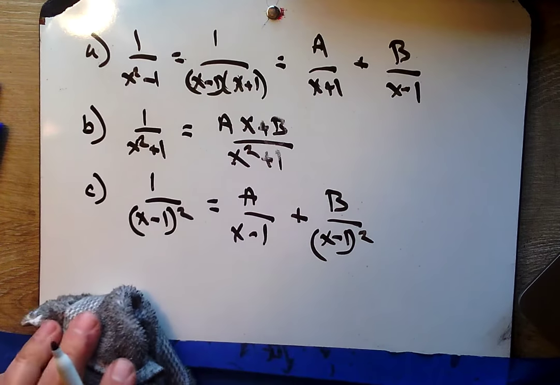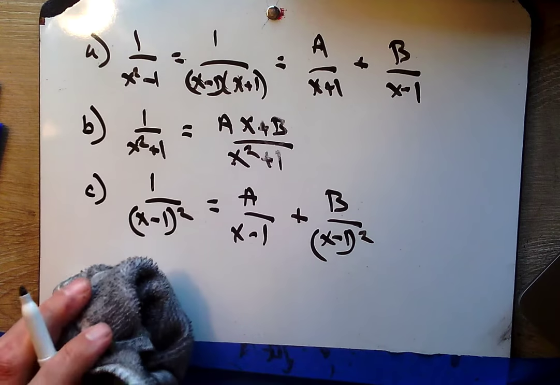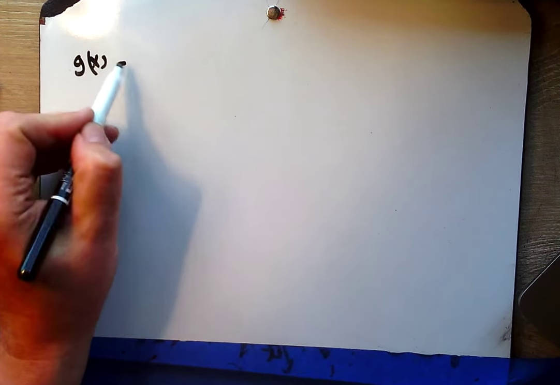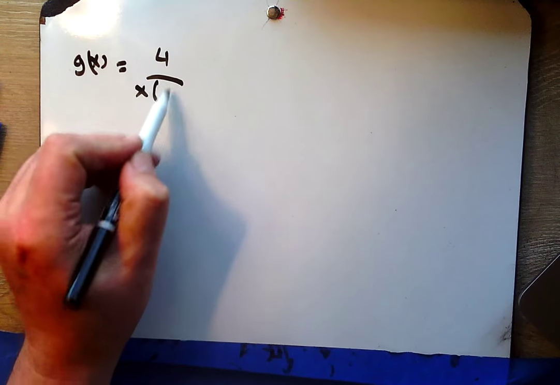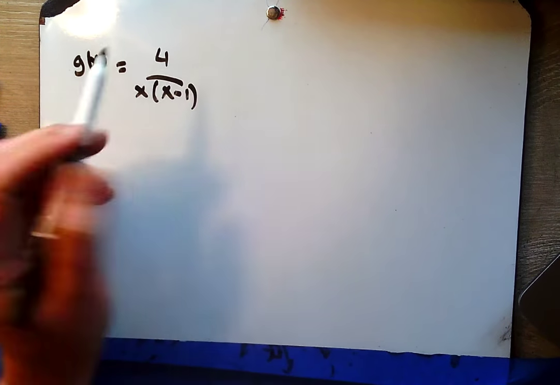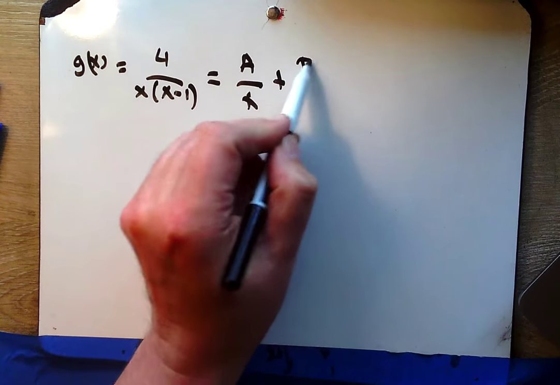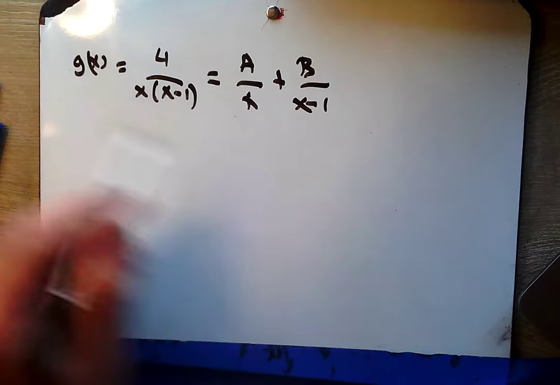Now the next bunch of problems, is it 9 problems, 8 problems, or 10 problems, it's 10 problems, are just partial fraction decomposition opportunities. And so we've got 4 over x minus 1, excellent. So that's going to be a over x plus b over x minus 1.